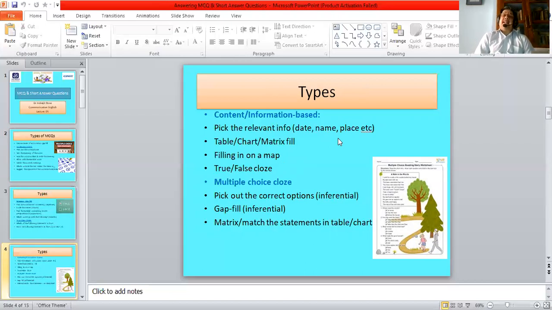So the candidates in the comprehension passage are not only expected to understand the meaning of the words and the meaning in context, but also guess the other details which might be inferred from the words in the passage, and also local as well as global comprehension or general world knowledge would be required to be put into place.